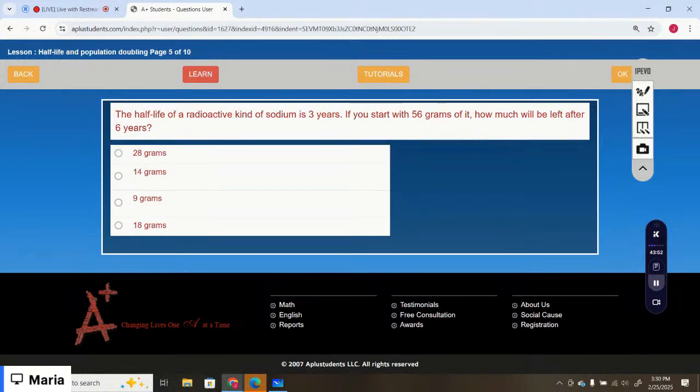The half-life of radioactive sodium is 3 years. If you start with 56 grams of it, how much will be left after 6 years?